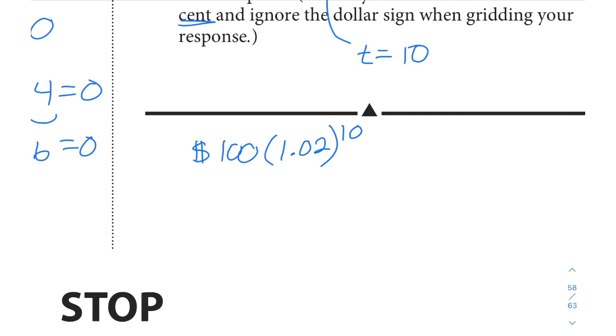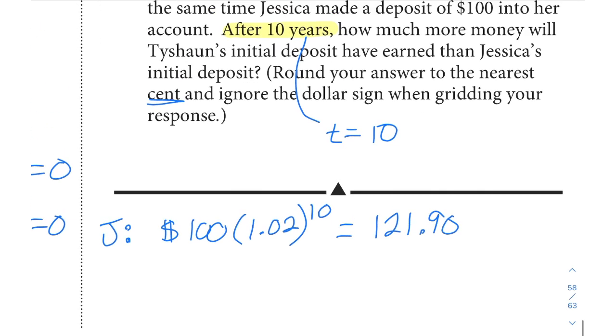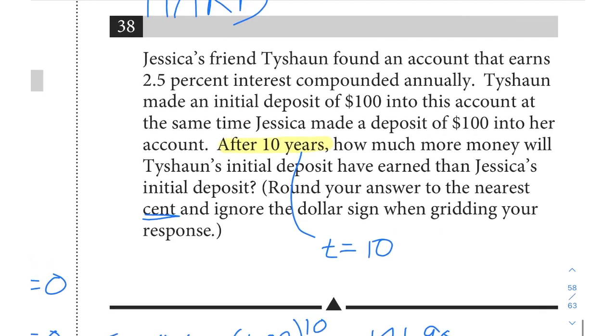So here, for Jessica, we would have 100 times 1.02 to the 10th power. And if we do the math on that, 1.02 to the 10th times 100 will give us 121.90. So that's the amount that Jessica has.